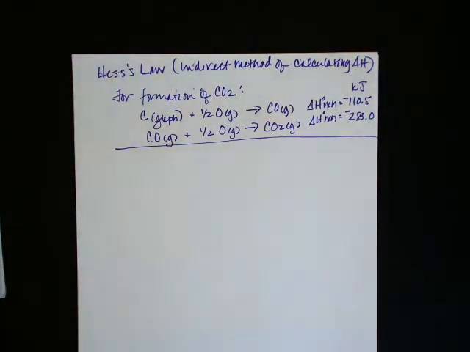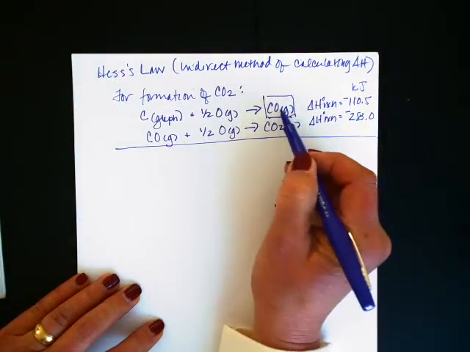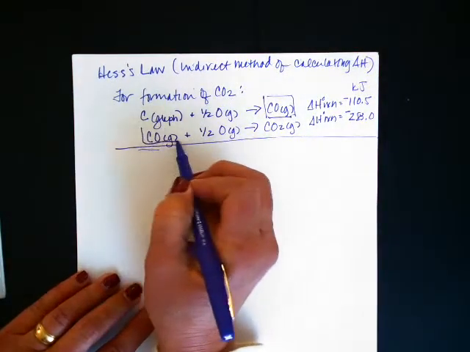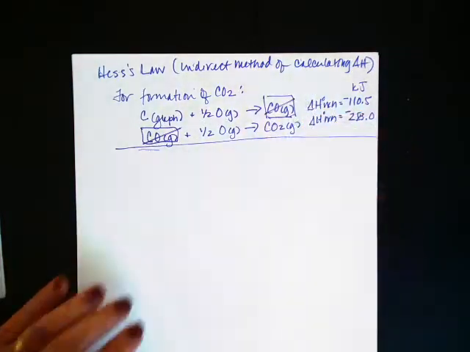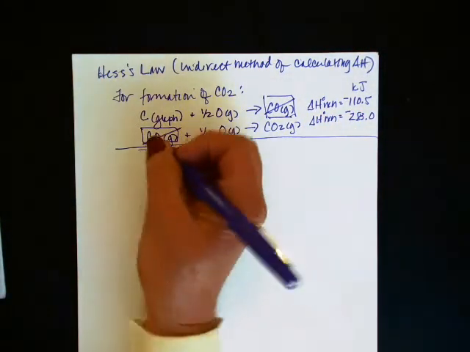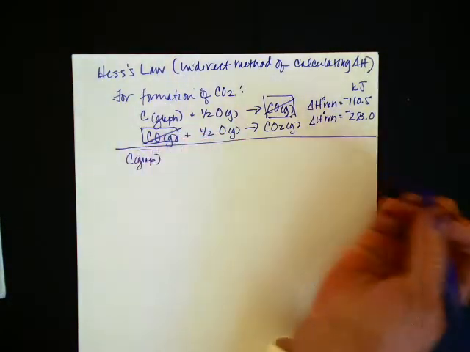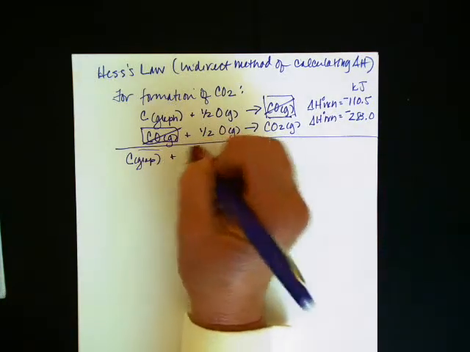Carbon monoxide is on the right in this equation, is on the left in this equation, so they cancel. And then I'm going to add these together, because that's all that cancels. So I have C graphite plus O2 gaseous, giving me CO2.